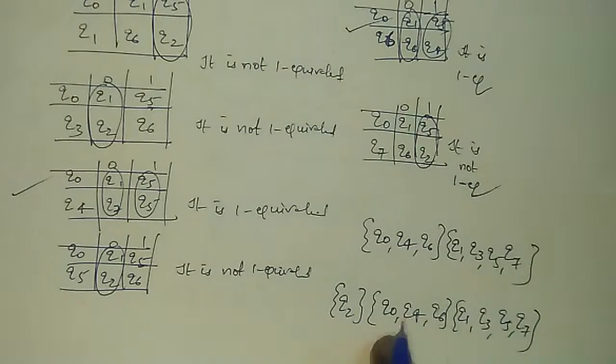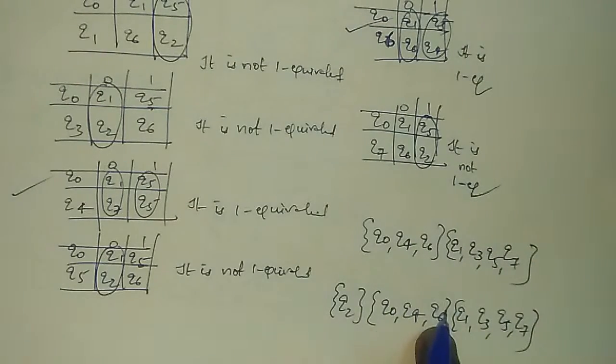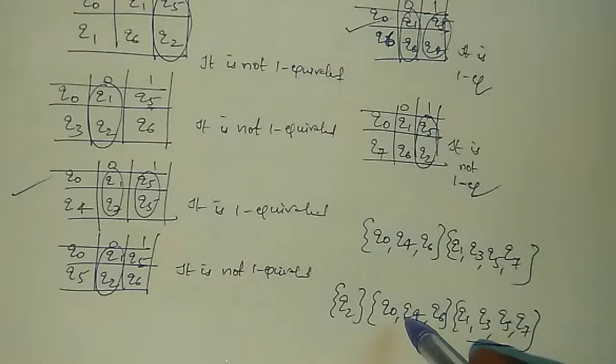Next we have 2 more sets here, Q0, Q4, Q6. So again we can do the same process. Q0 is compared with Q4, Q0 is compared with Q6. While doing this one, we can check for other sets. If any one of these sets belongs to this one, it is not 2 equivalent.